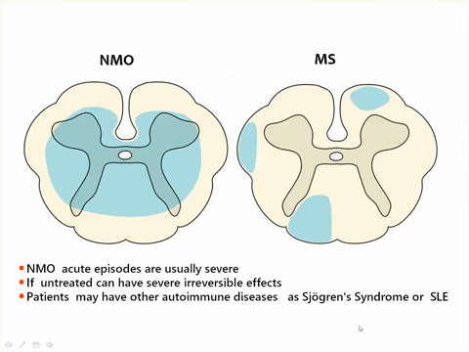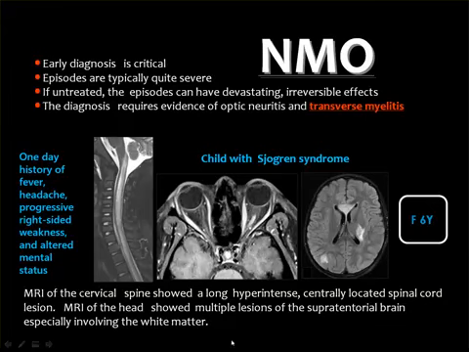I personally feel that the axial T2 of the spinal cord is better than the sagittal images for evaluation of the plaques inside the spinal cord. Neuromyelitis optica acute episodes are very severe, and if untreated will lead to severe irreversible effects. The patient with neuromyelitis optica may have other autoimmune diseases, especially Sjögren's syndrome.